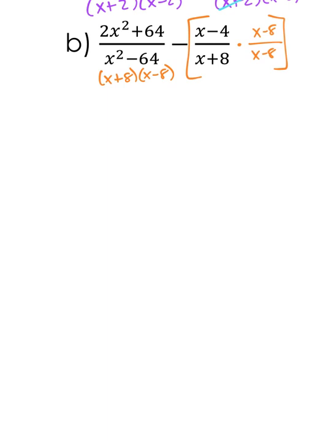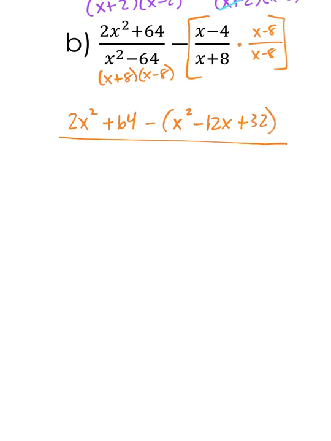So I get 2x squared plus 64 minus x squared minus 12x plus 32. And that's over my common denominator.